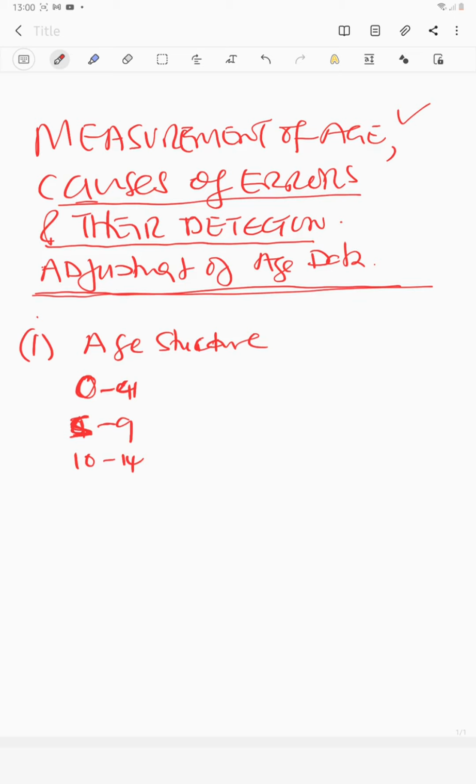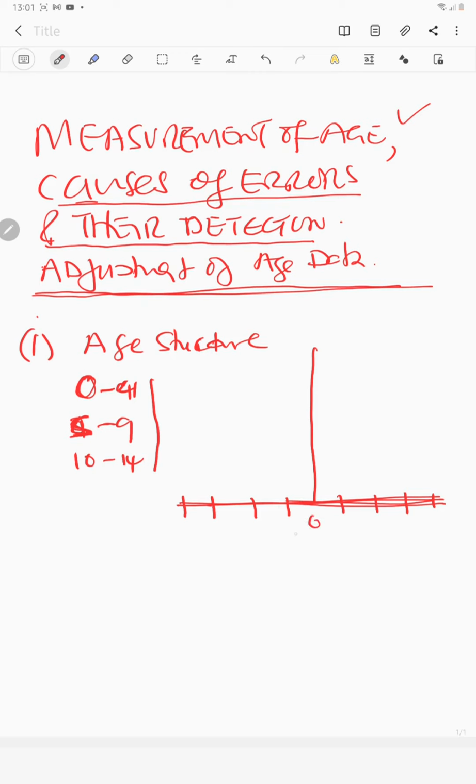And secondly, when we have got the age, sometimes we can use the age to present information in what is called a pyramid. And a pyramid is a graph that tries to explain the differences in the growth pattern between men and women.